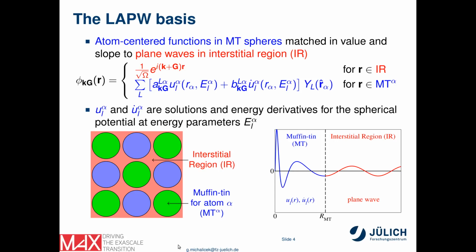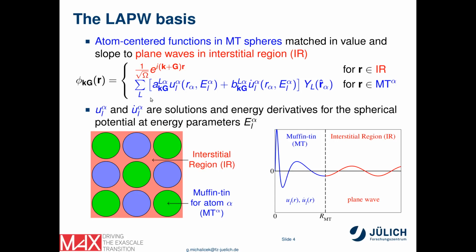In this description, we have a partitioning of the unit cell into so-called muffin-tin spheres around each atom and an interstitial region in between these muffin-tin spheres. In this interstitial region, the representation consists of plane waves, and there we already see this Bloch factor and this periodicity.